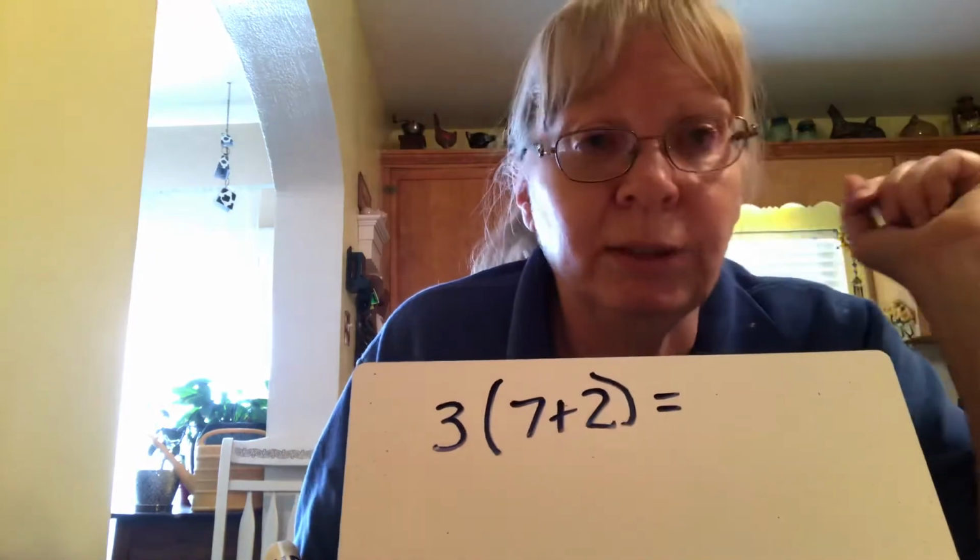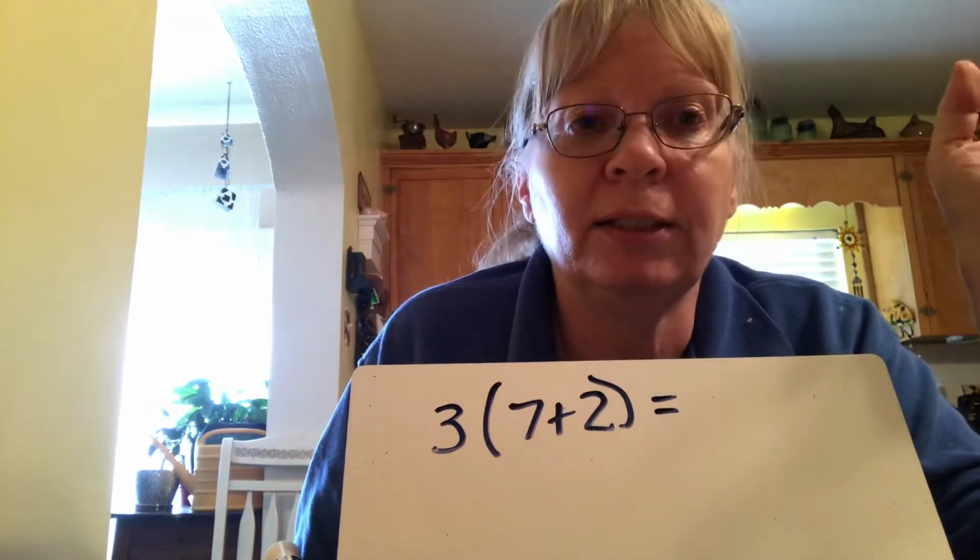I don't have a good people example for that one, so I'm going to just use numbers again. 3 times (7 plus 2). I know 7 plus 2 is not that big of a number, but pretend it is.